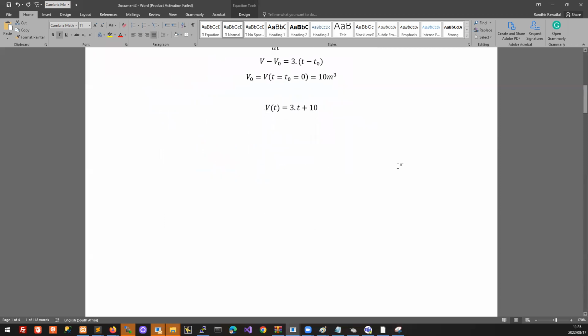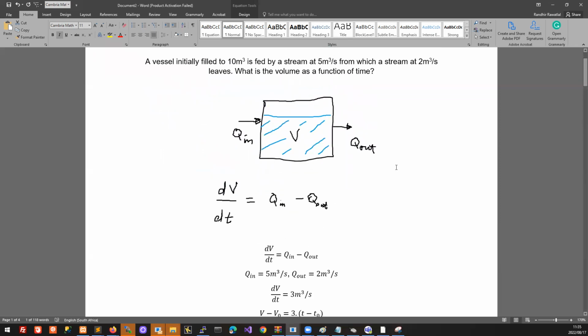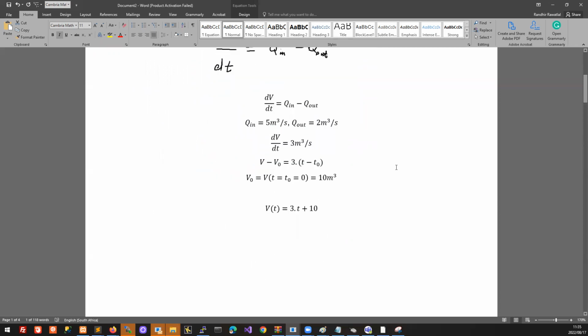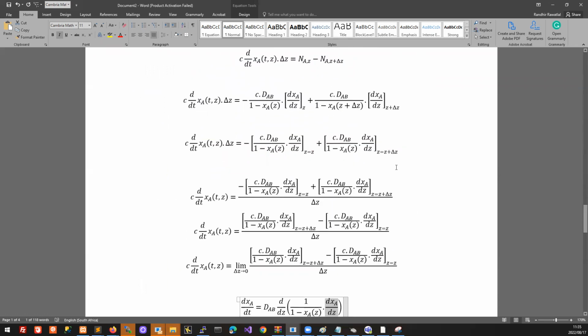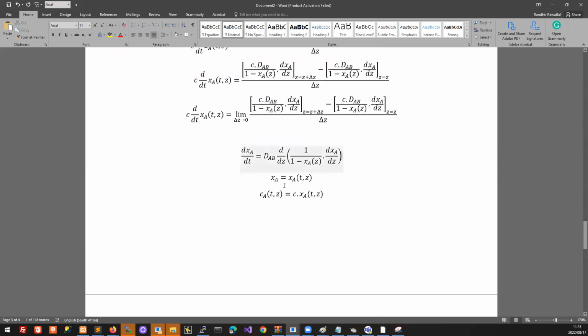Like the name tells you, not ODEs, not PDEs, just generally differential equations, all differential equations, they are equations of change. They tell you how things are related to each other in terms of their changes. How is the mole fraction related to the diffusivity through the position and through the time?